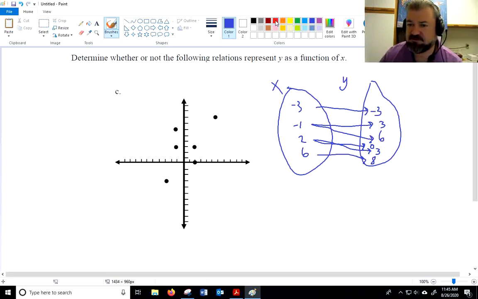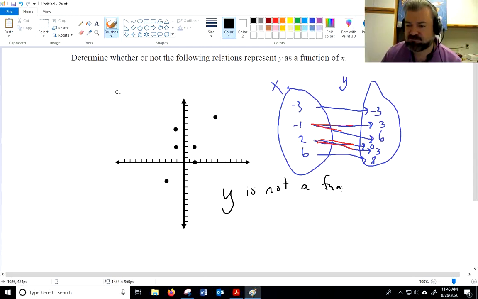So you can see, though, that we do have two values of x that are being mapped to more than one y value. So we cannot say that y is a function of x. Y is not a function of x.